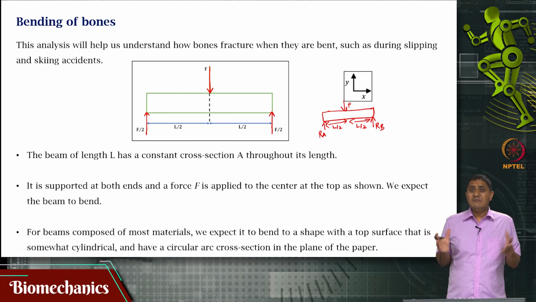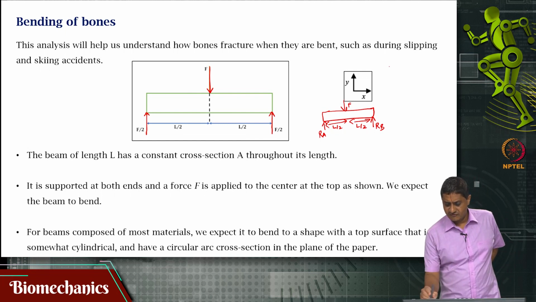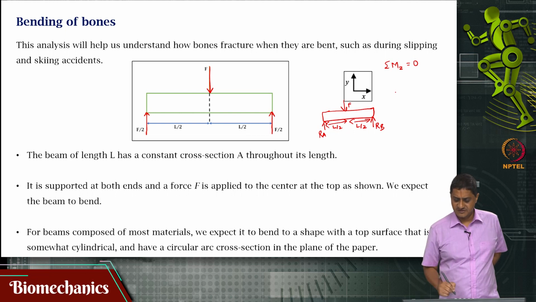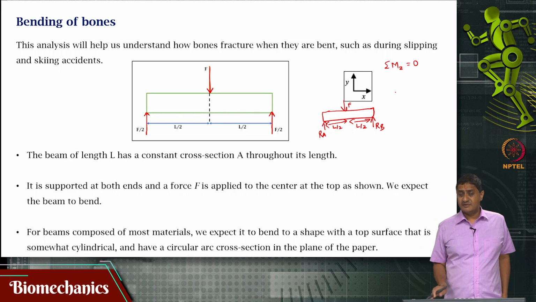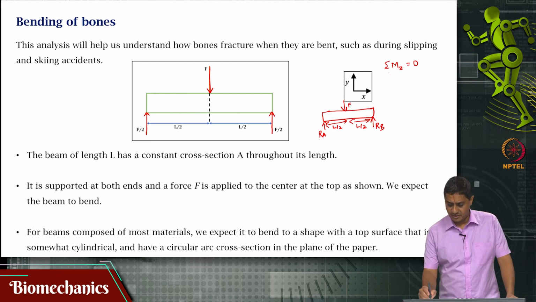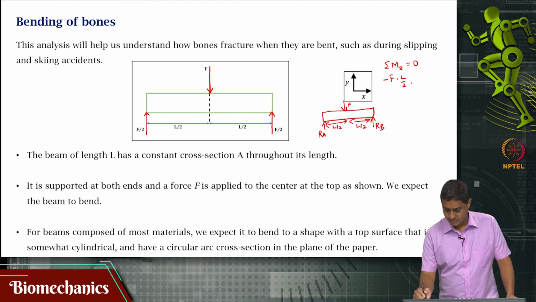Now, this beam as a whole is in equilibrium. That means, for this xy axis as shown in the picture, sigma Mz is 0. Let us say I am taking a moment about point A. That would be minus F times L by 2 plus RB times L. Why plus RB?